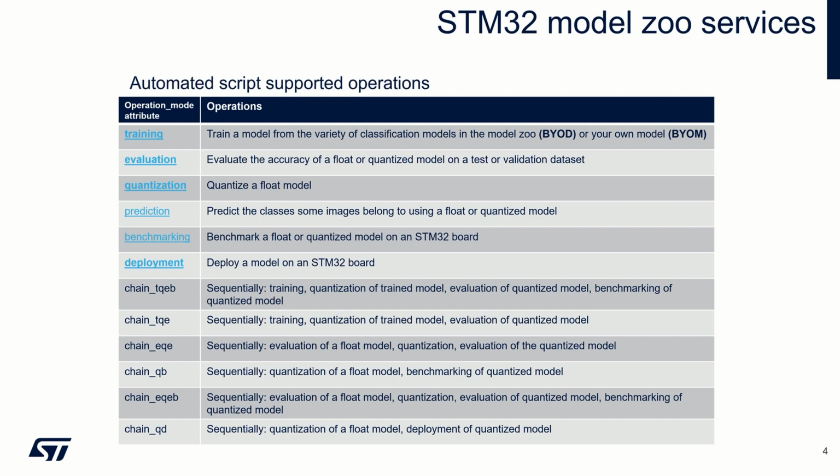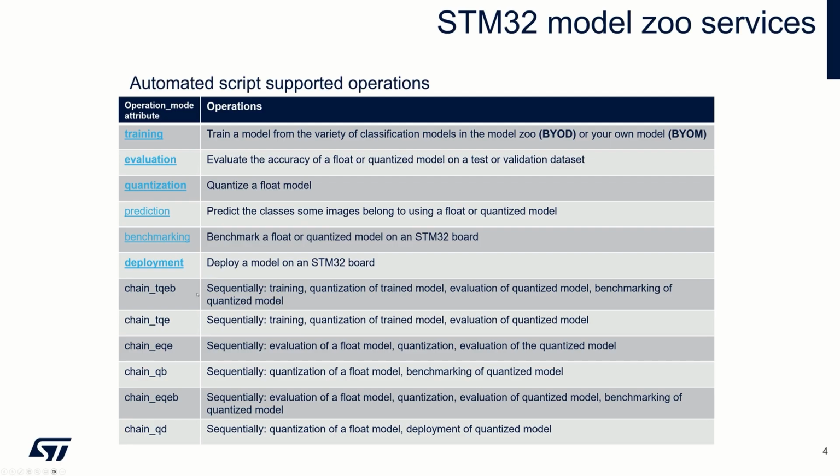Also, benchmarking of both float or quantized model is possible using selected STM32 target board. And benchmarking means evaluation of the inference speed or inference rate in detections or frames per second. Then deployment on the target board is possible, and this is the subject of our course right now.